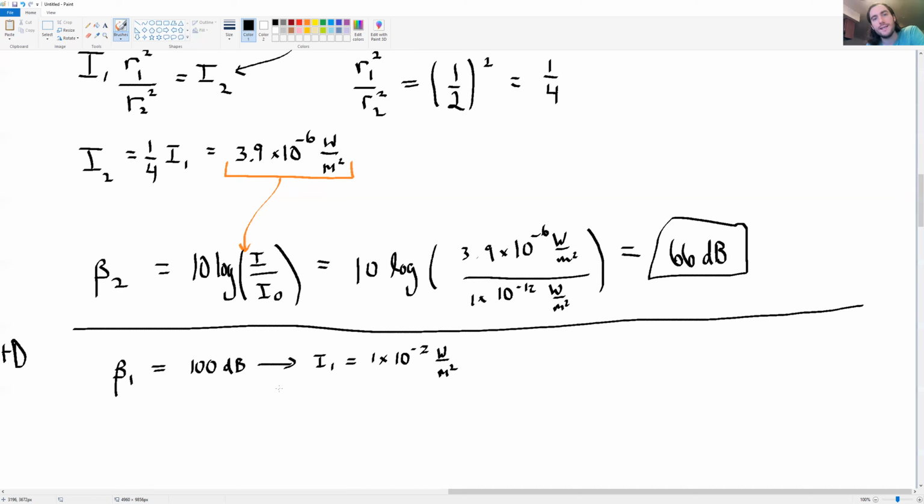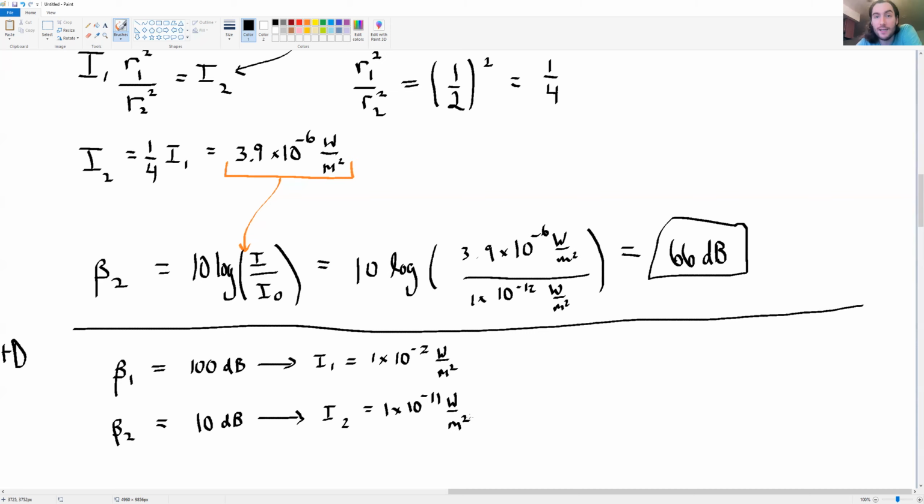In order to decrease the sound level by a factor of 10, so beta 2, down to 10 decibels, the intensity I2 for a 10 decibel sound is 1 times 10 to the minus 11 watts per meter squared.